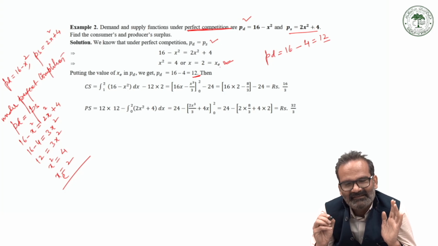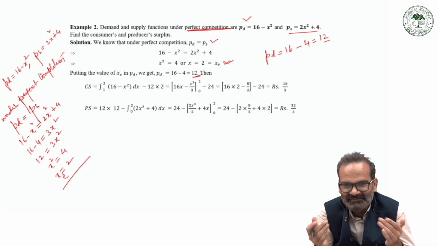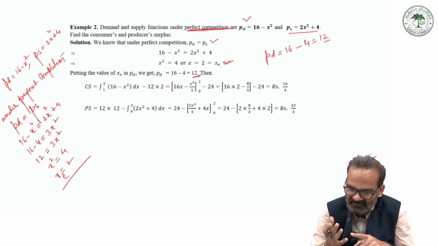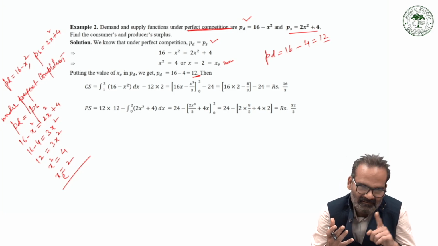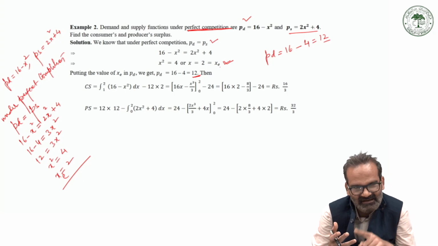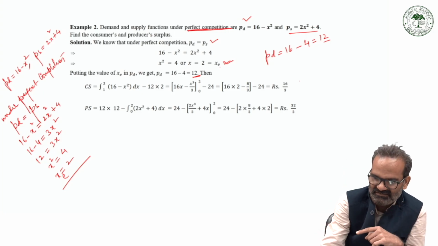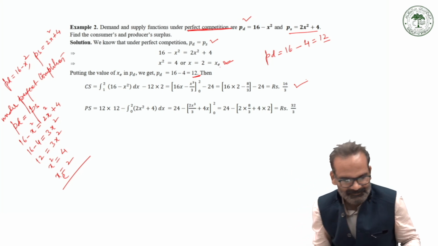Clear? Because in both the cases, whether you are determining the consumer surplus or producer surplus, what do you need? The value of XE and PE, then the demand function. If given, you can determine the consumer surplus. And if the supply function is given, you can determine the producer surplus. So this is how we have calculated the consumer surplus.